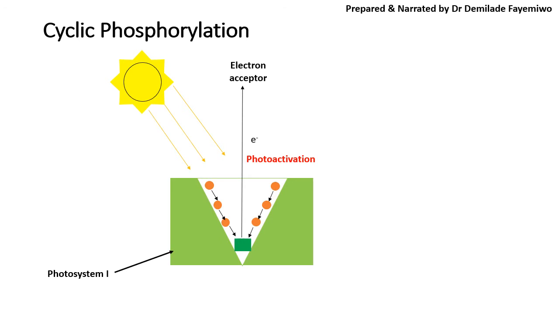The electron acceptor will then pass the electron to an electron carrier. The electron carrier will then pass the electron through an electron transport chain until it goes back to the photosystem. The point of all of this is that as electrons travel, they release energy. And what that energy is then used for is to couple ADP and phosphate together in order to make ATP.